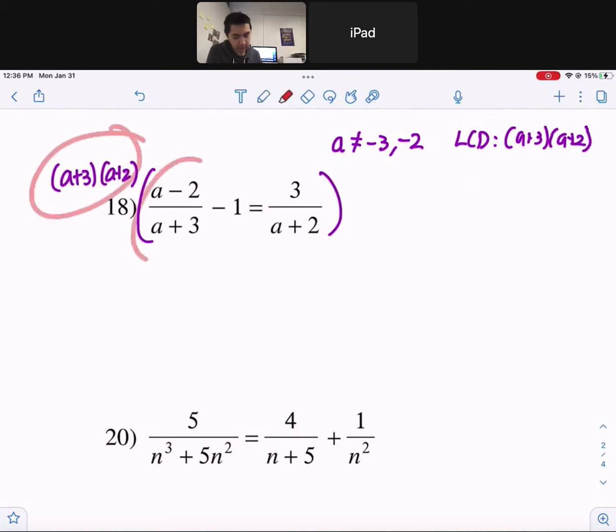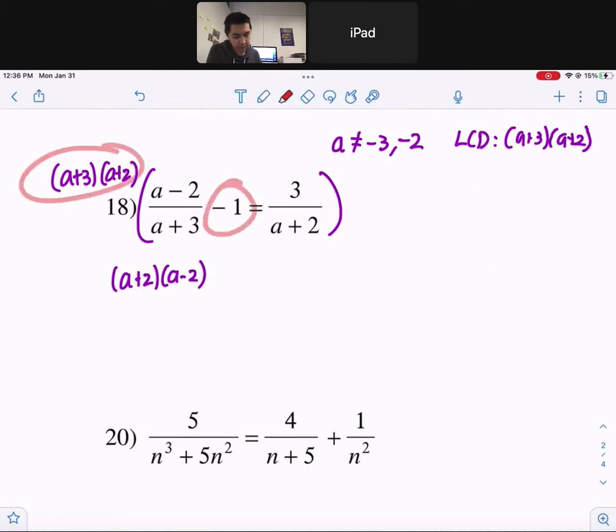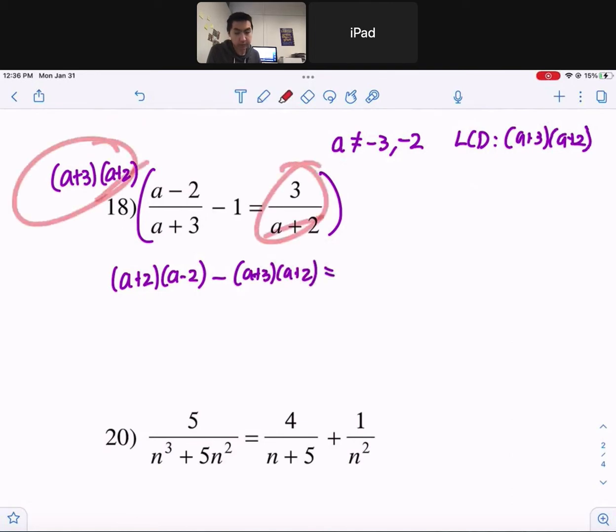So from here to here, a plus 3's cancel. So we just have a plus 2 times a minus 2. This times this, you guys, that will be negative of a plus 3 times a plus 2. And then this times this, a plus 2's cancel, so it's just 3 times a plus 3.